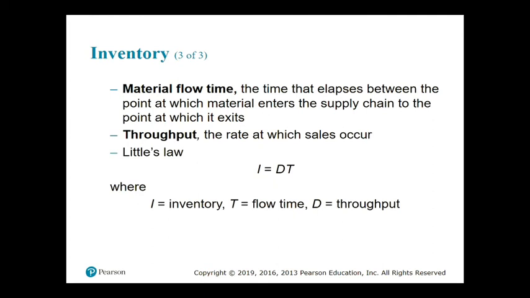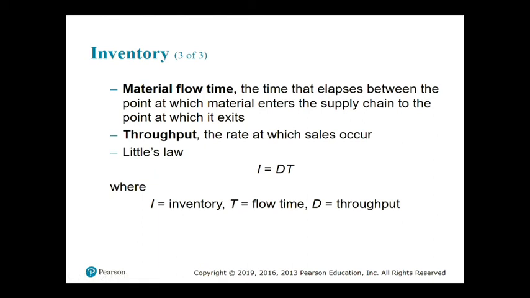This is a famous mathematical law that specifies the relationship between the number of products in a system, the rate at which demand comes in or throughput is set at, and the amount of time that the material spends in the process. So inventory is equal to throughput times flow time.